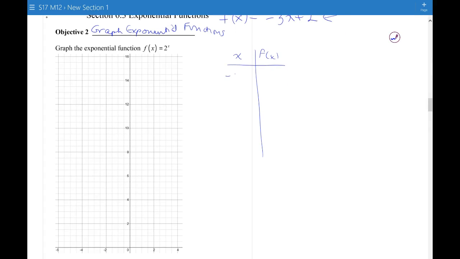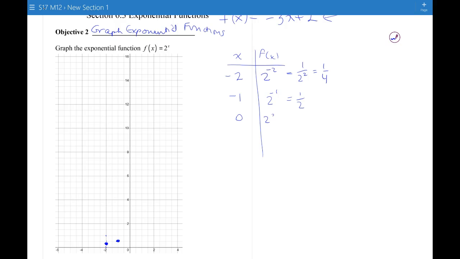If x is negative 2, I have 2 to the negative 2 power, which is 1 over 2 to the 2, which is 1/4. So when x is negative 2, here is 1/2, here's 1/4. So there's my point on my graph. When x is negative 1, I'll have 2 to the negative 1, or 1/2. So when x is negative 1, I'm at 1/2.